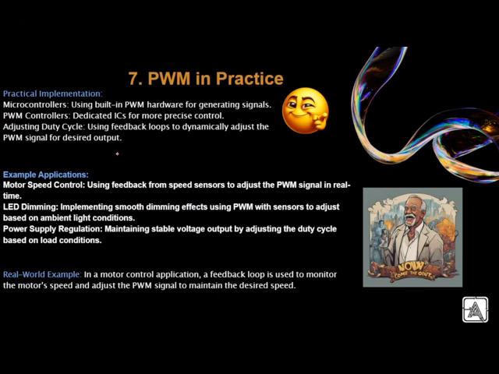Now PWM in practice: where we use PWM in our daily life, like in motor drivers, microcontrollers, PWM controllers, and adjusting the duty cycle. I've explained this to you previously, and a real world example.